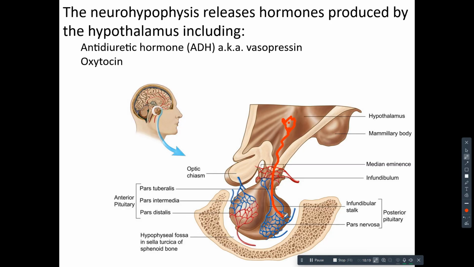And the posterior pituitary is basically storing those hormones, then eventually releasing them. The two major hormones doing this are antidiuretic hormone, which is also called vasopressin, and a hormone we met in the first video we did this semester, which is oxytocin.